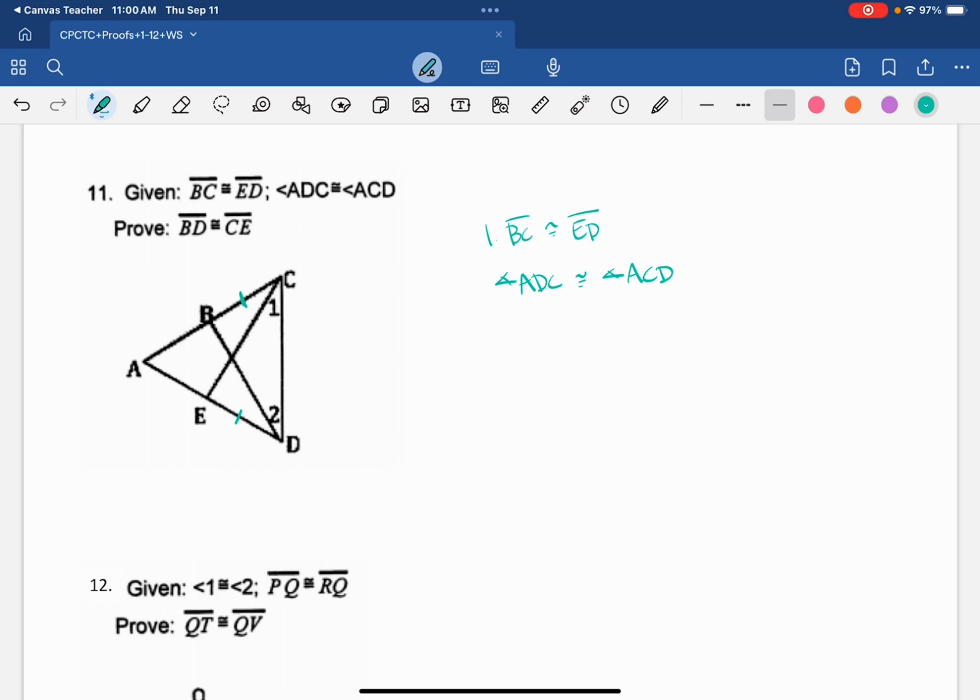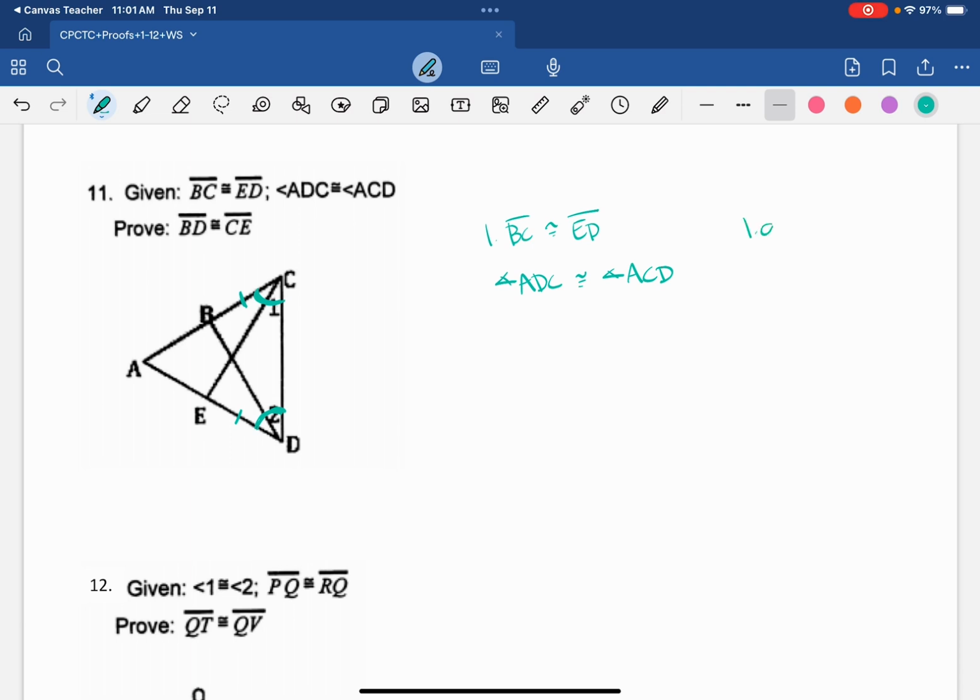So if I'm following my setup here, I have angle ADC. So all of this angle here is congruent to angle ACD. So all of this angle here. Now, we do have a little bit of overlap. We're trying to prove that BD is congruent to CE.